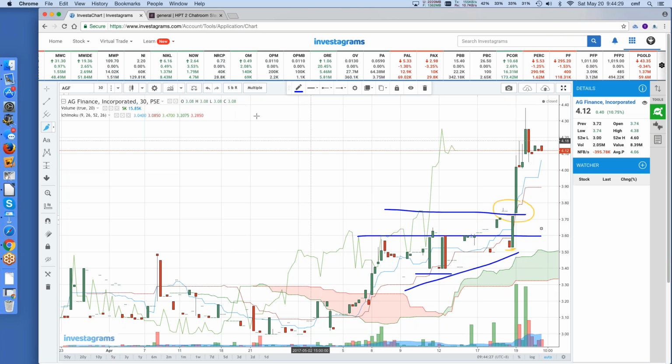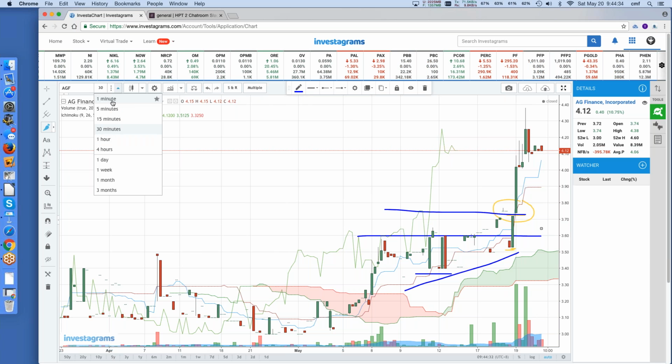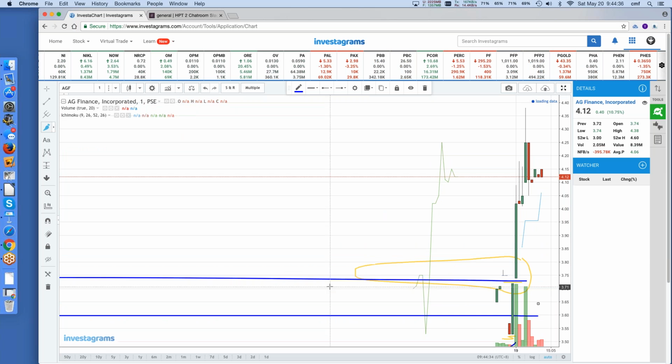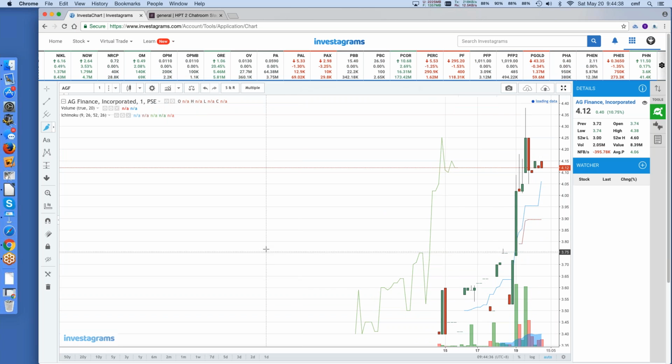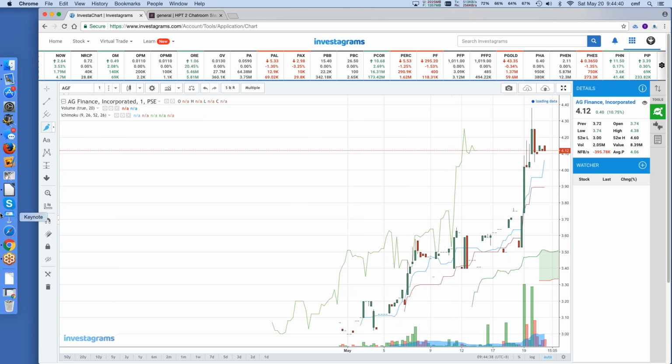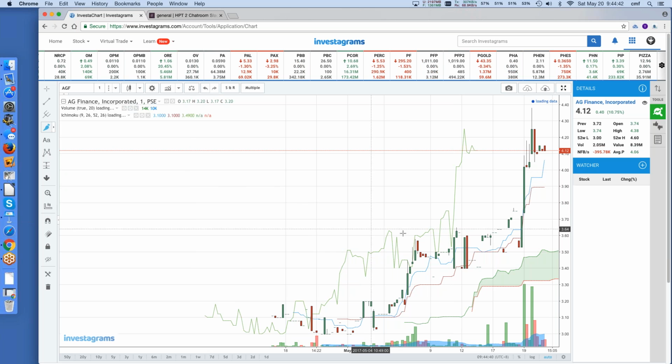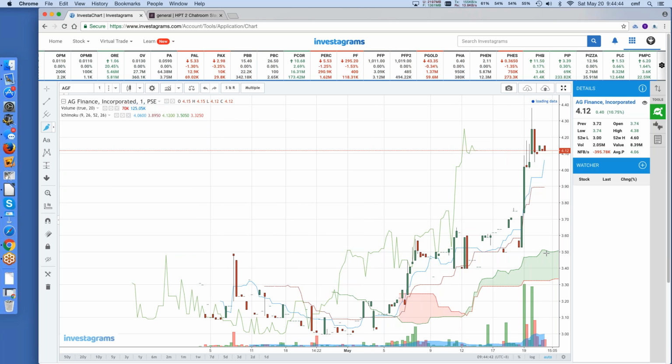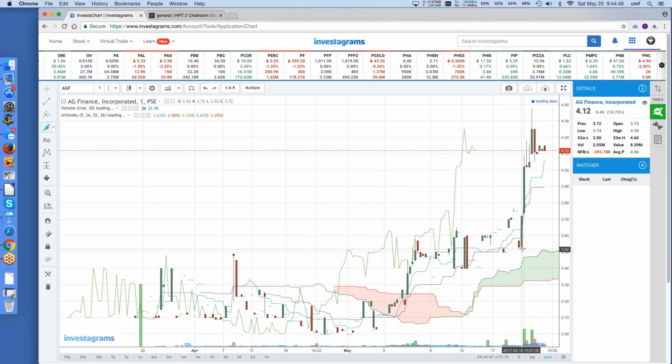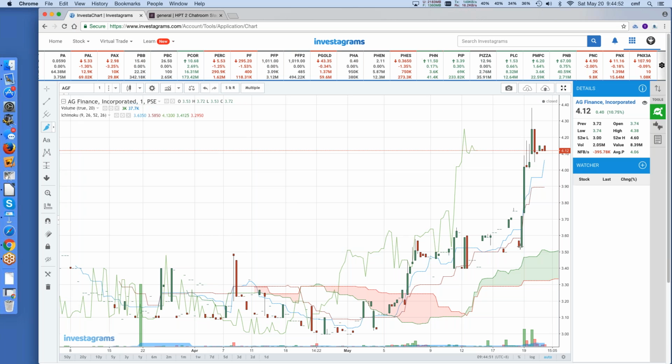So the 30-minute chart only tells you that the security is bullish, but since you're a scalper, you go to the 1-minute chart to find your entry and exit levels. So this is the 1-minute chart. Yesterday was May 19. Let's look for 9 a.m. on May 19.